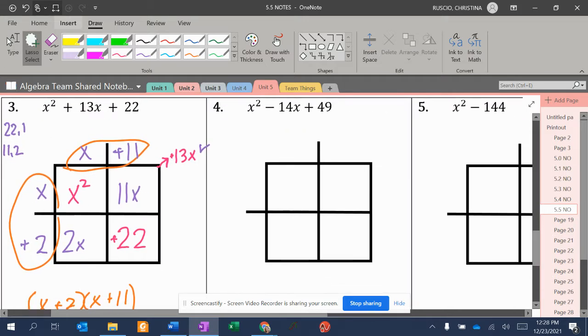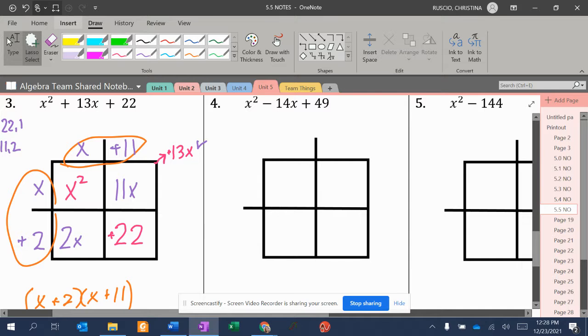All right, moving on to the next one. X squared minus 14x plus 49. You got it. We're going to put all these in the boxes. So x squared, plus 49, minus 14x. And then let's work backwards. X times x is x squared. What are two numbers that multiply to 49? The only ones that I can think of are 1 and 49 and 7 and 7.